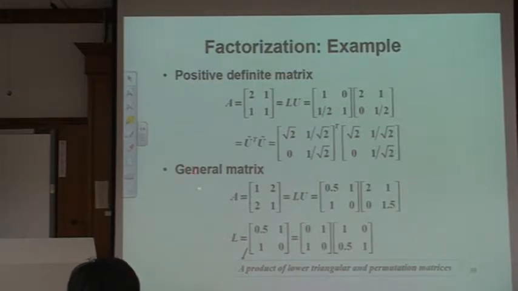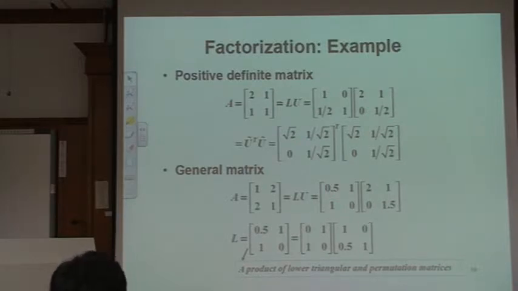Now the general matrix. Here is an example of a positive definite matrix, but here is an example of a general matrix. This matrix may not be positive definite, but in this case we can still do an LU decomposition. After doing the LU decomposition, the result is here. We have an upper triangular matrix, but this looks like a lower triangular matrix. Why?